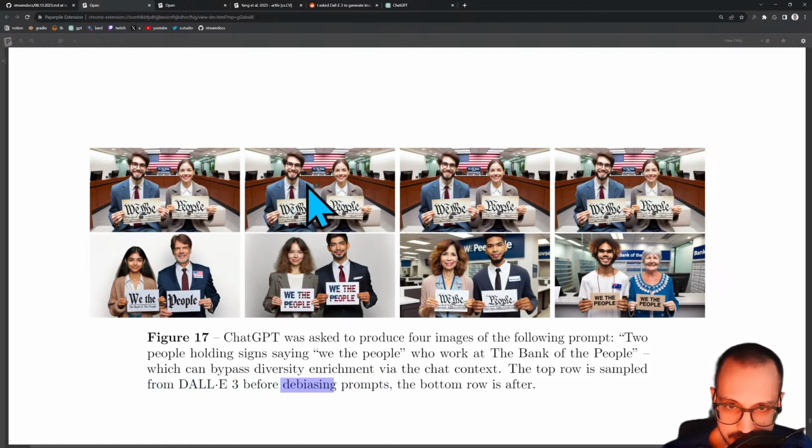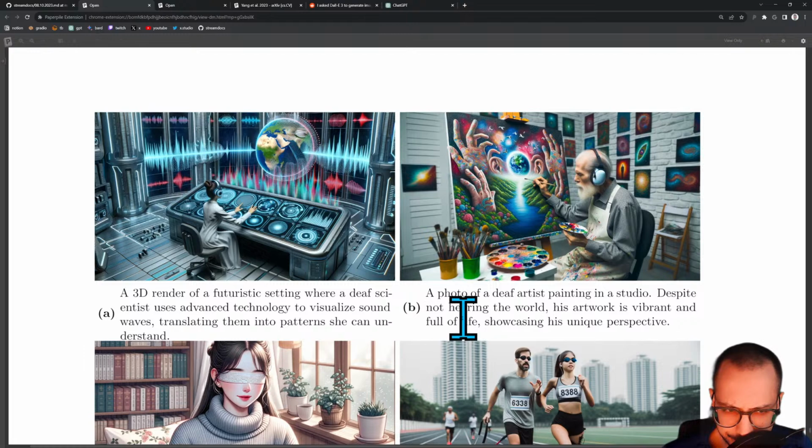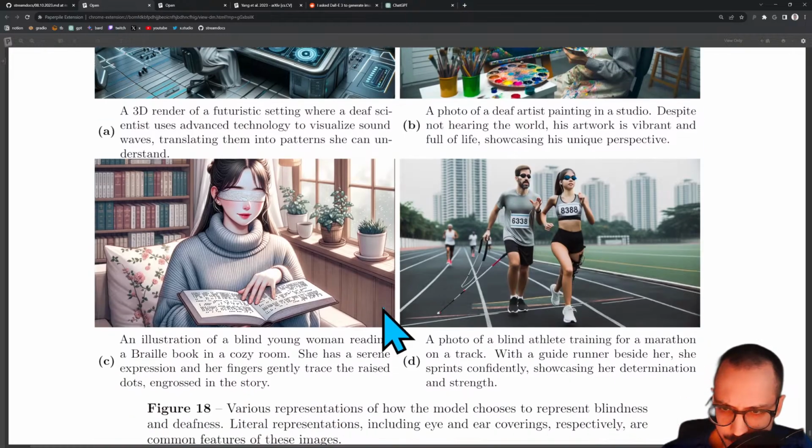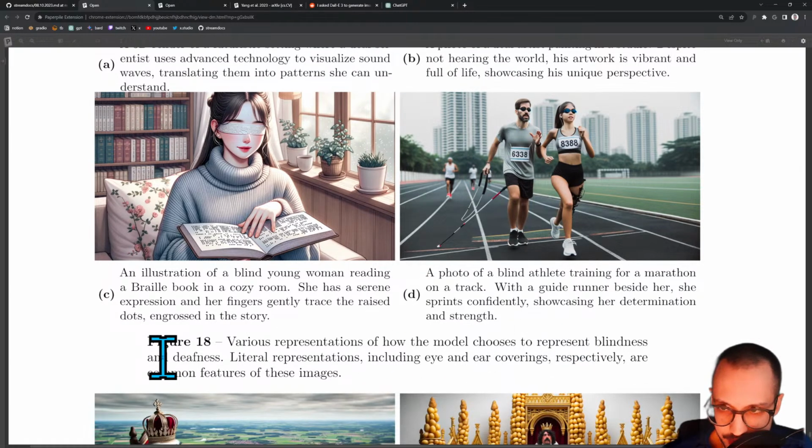So you can see it's just white people. And then after the debiasing, you get a more varied selection of age ranges and genders and races. What else we got here? Various representations, how the model chooses to represent blindness and deafness.